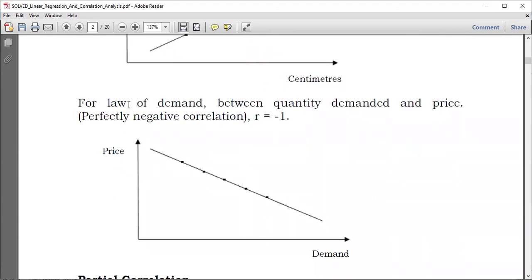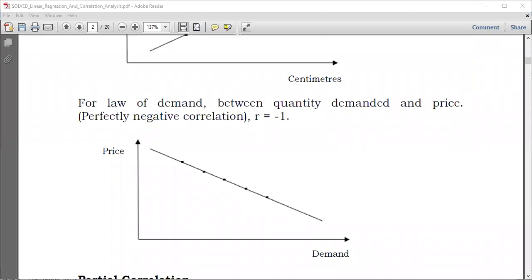This is for the law of demand, which compares price and demand. When the price falls, the demand increases. As you see here, when the price was here, the demand was here, and when the price fell to this point, the demand increased. If you take a look, all the points here are still lying on the same line. I hope you saw that.